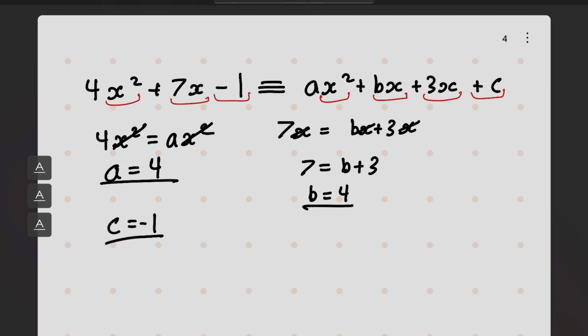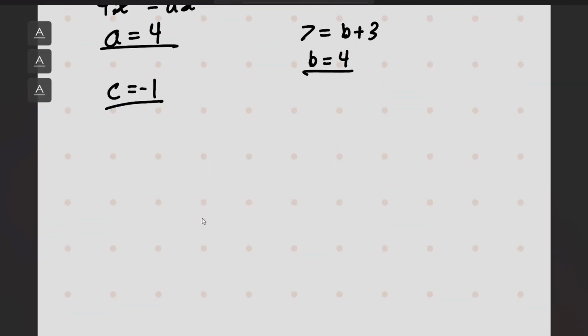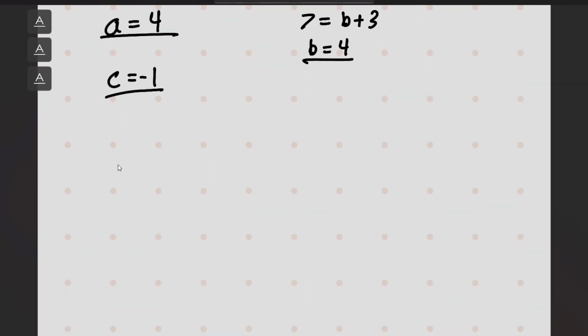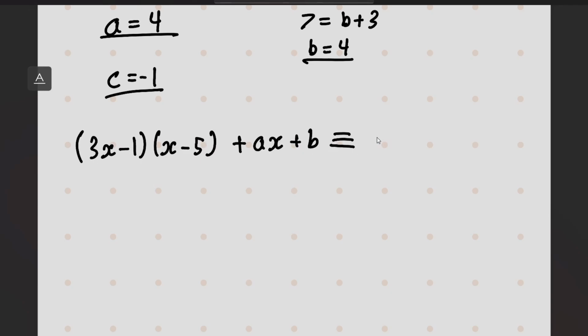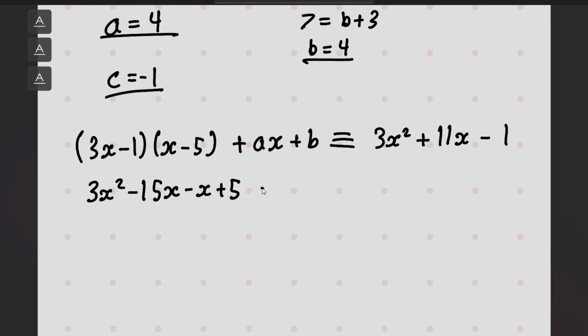Now we're going to take a look at a more advanced example, which is (3x minus 1)(x minus 5) plus ax plus b, equal to 3x squared plus 11x minus 1. What you're going to do now is just expand these two brackets. You get 3x squared minus 15x minus x plus 5 plus ax plus b.